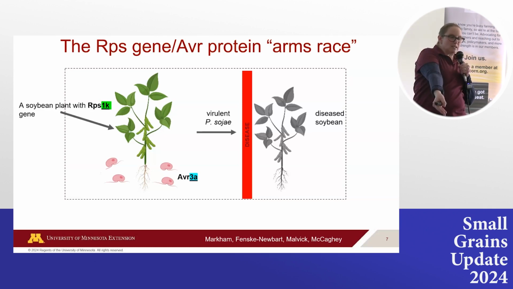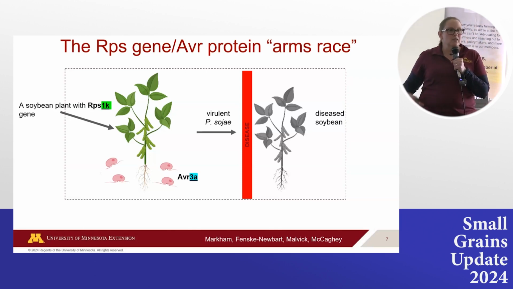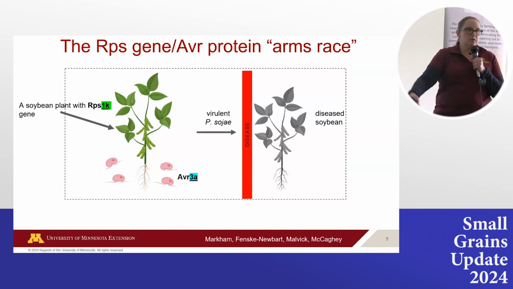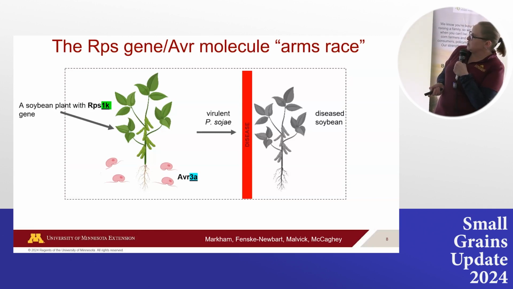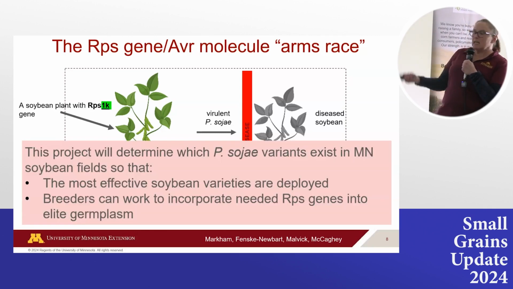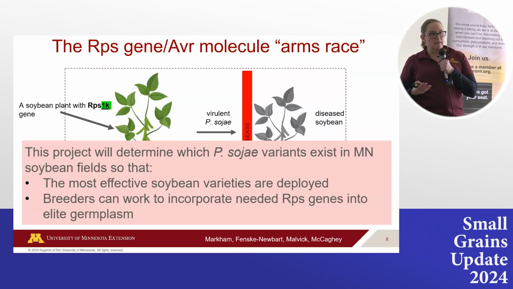So with each resistance gene we're deploying in the field, eventually the Phytophthora population is going to evolve to be able to resist it. And so the overall goal of this project is to figure out which AVR proteins are around in our soybean fields.